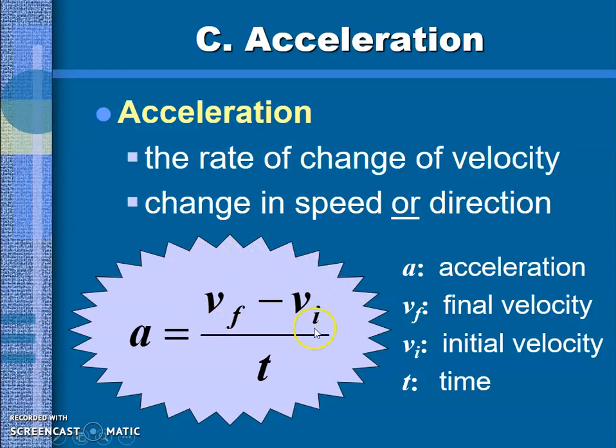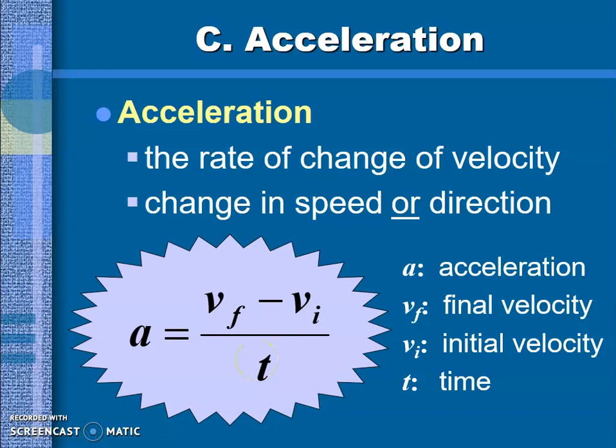That's a big place where students get tripped up, they just put them in the wrong spot. And it does make a difference. Since both of these are velocities, both should have the same unit, and that is usually going to be meters per second. And then t stands for time. This will usually be in seconds.